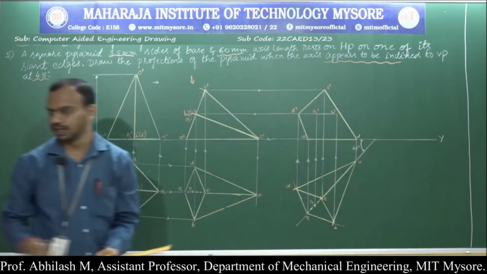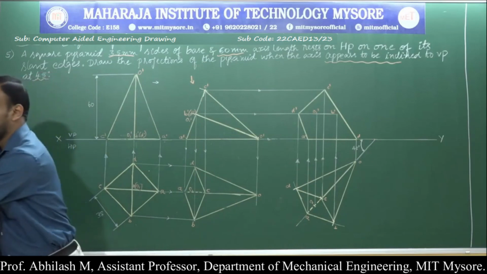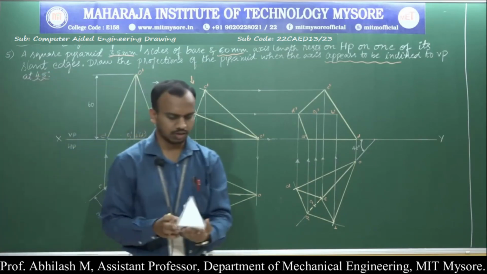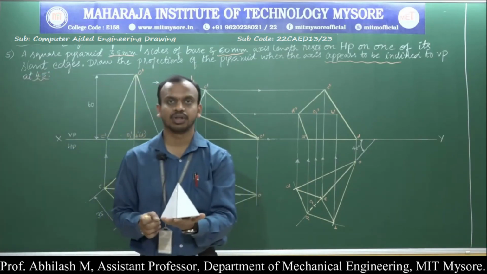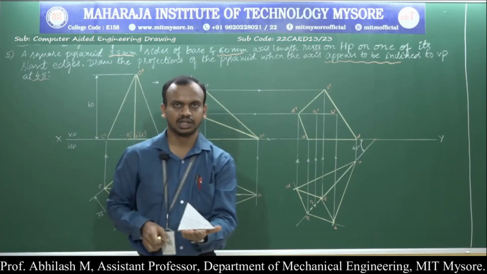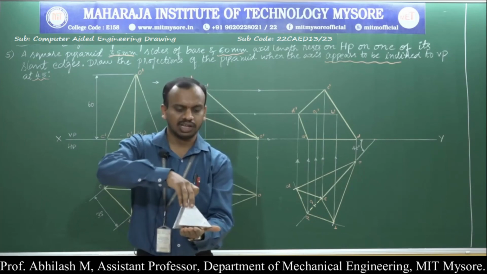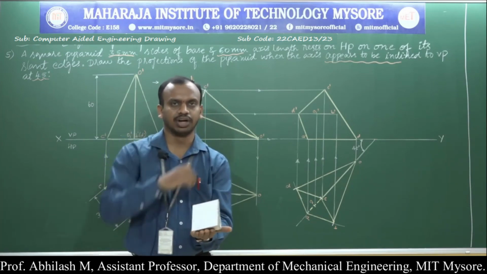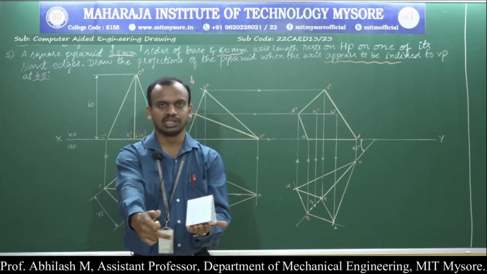Now we are supposed to apply the second condition. Initially it was here, the first position. Then we rested it on a slant edge. Then we have inclined it at an angle of 45 degree. Now the observer is here.